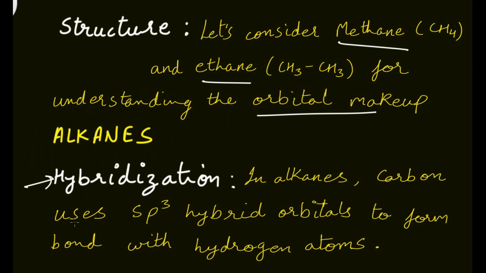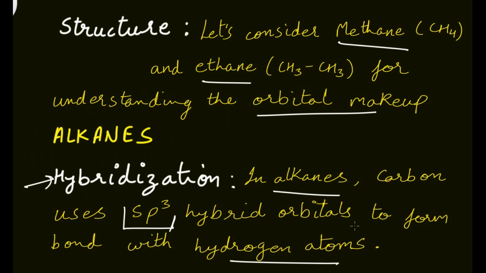We will discuss this topic really soon in separate videos, but for now just understand, in alkanes carbon uses sp3 hybrid orbitals to form bonds with hydrogen atoms. So the bond between carbon and hydrogen is between the sp3 orbitals of carbon, right?